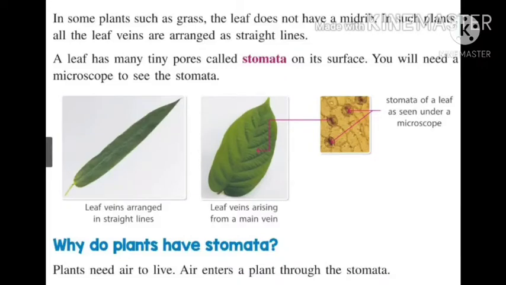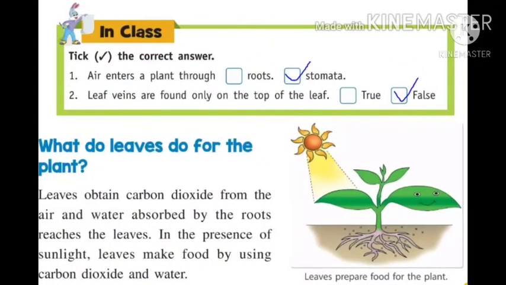But the question is, why do plants have stomata? Plants need air to live. Air enters a plant through the stomata. So to take air, the plants need stomata. Now let's have a small exercise. Take the correct answers.